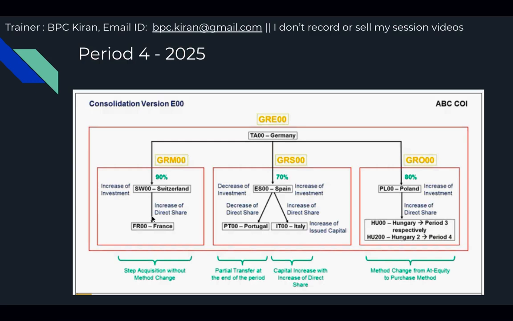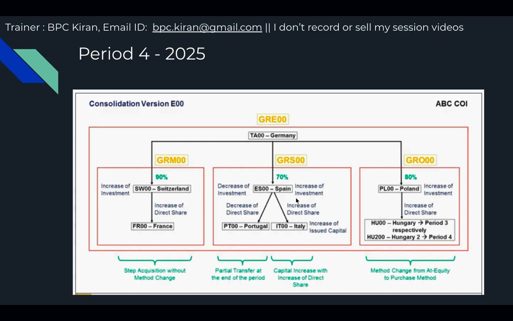Suppose your investment in subsidiaries increased by $100. Which activity should it be tagged to? That we are going to discuss, and the entries the system is going to pass, we are going to analyze. Then we'll move to the Southern Europe group.